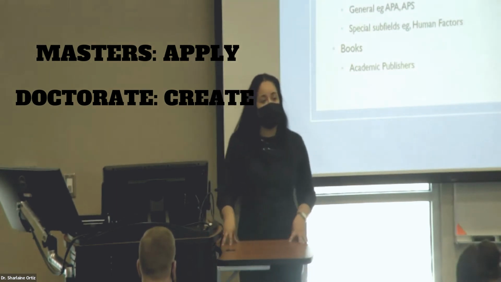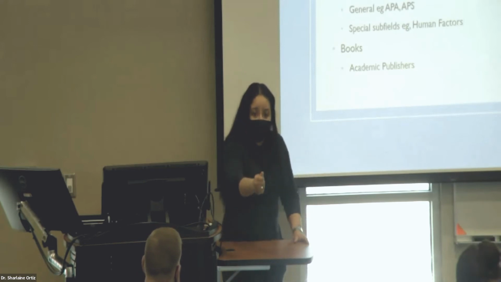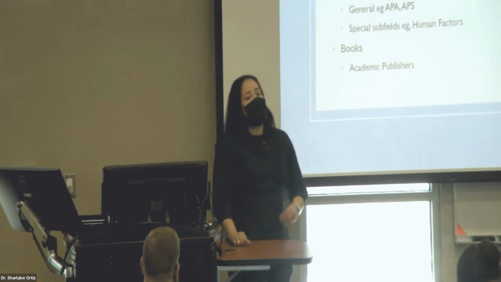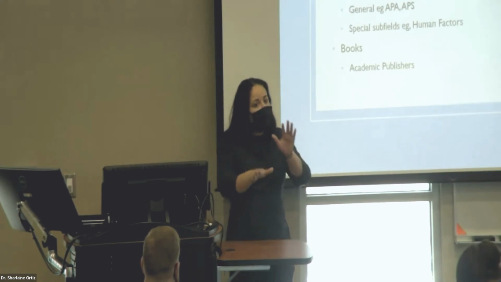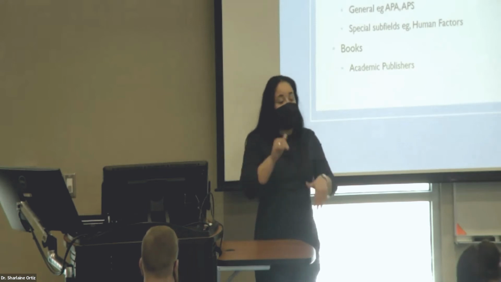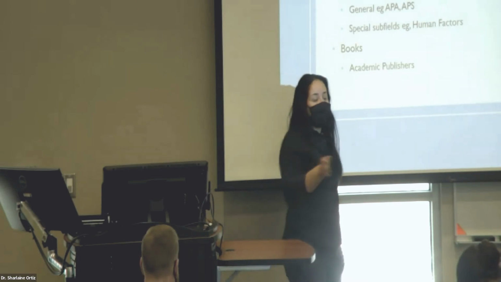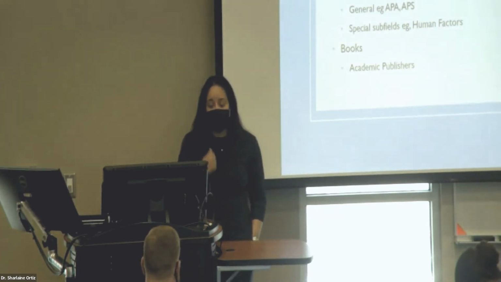With your doctorate, you should be able to create research. So if I give you a journal article right now to read about school psychology, and I give you another article about social work, they roughly look the same, so you should be able to understand them. So yes, they have elements in common, but each journal is going to have their own sets of rules. Does that answer your question? All right. Good.